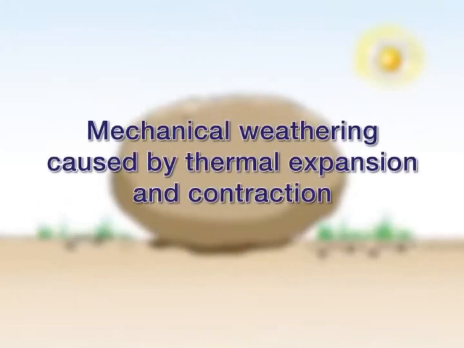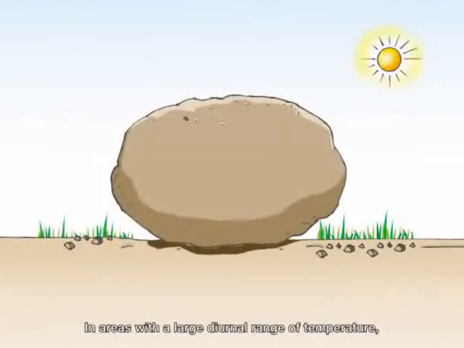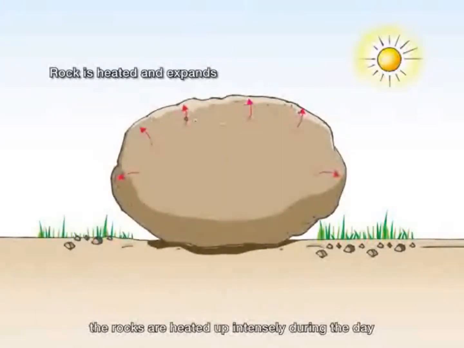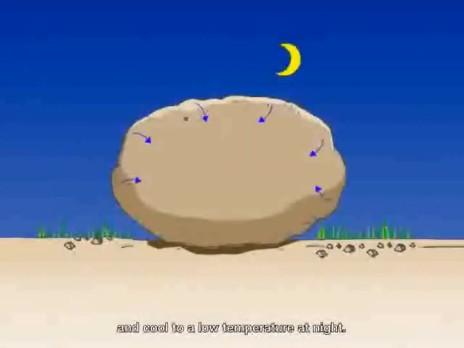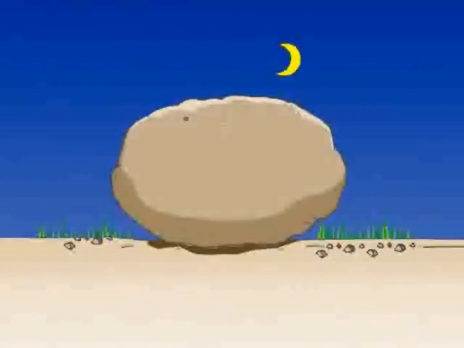Mechanical weathering caused by thermal expansion and contraction. In areas with a large diurnal range of temperature, the rocks are heated up intensely during the day and cool to a low temperature at night. This results in an alternate expansion and contraction of the rocks.